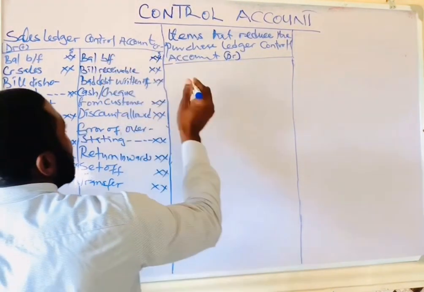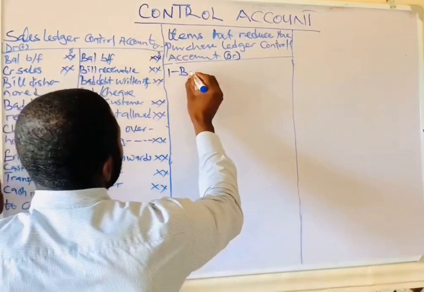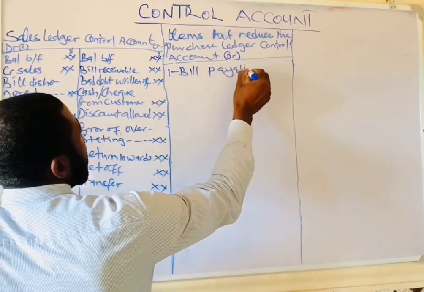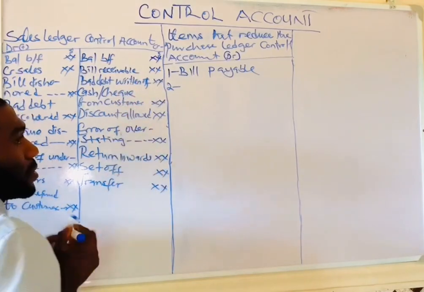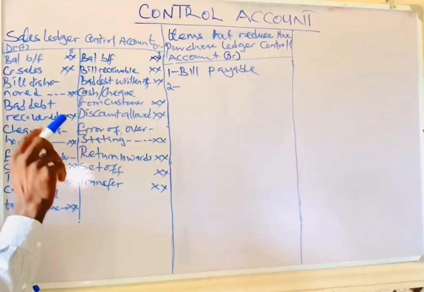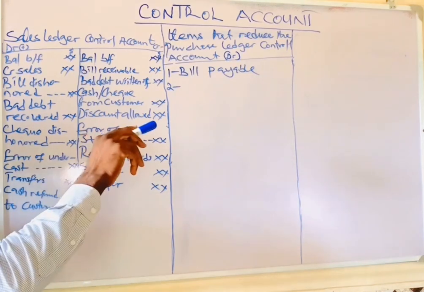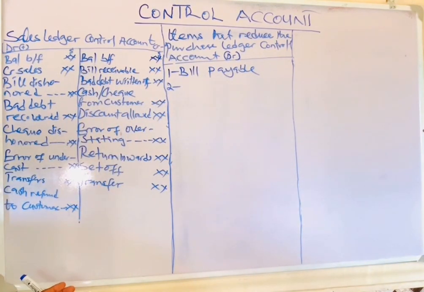So here will be 1, the same thing, bills payable. 2, there is no bad debt. It is the creditors, when preparing their account, who notice that this debt is not recoverable. I hope you are getting it.